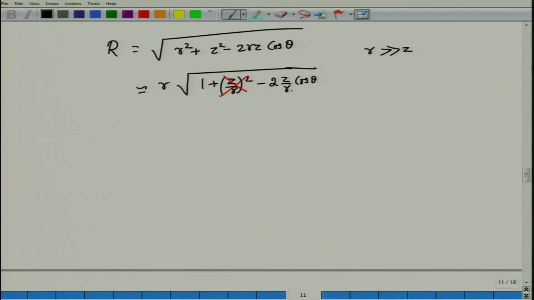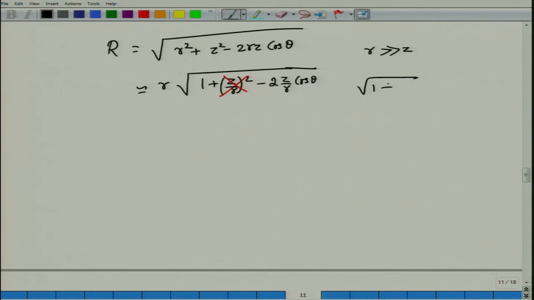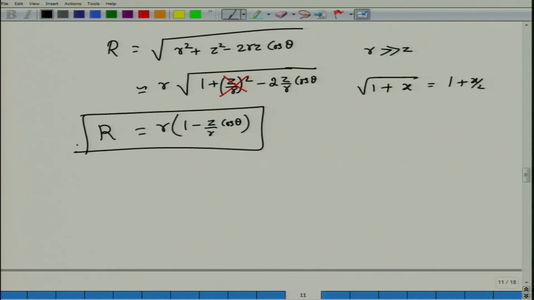I will not remove this last term because it is not a second order term. I will keep it as it is, but use the binomial approximation of square root of 1 plus x as 1 plus x by 2, writing this as r times 1 minus z by r cos theta. So, this is my approximate value of R, and please keep this in mind.